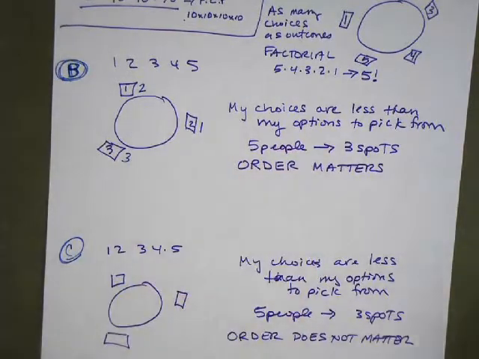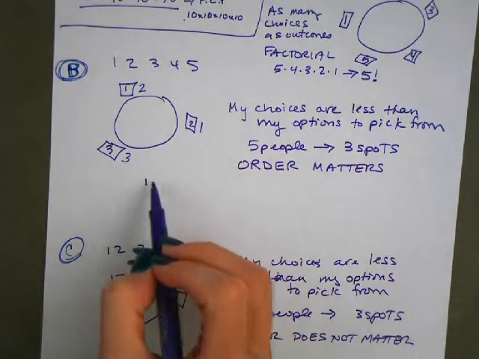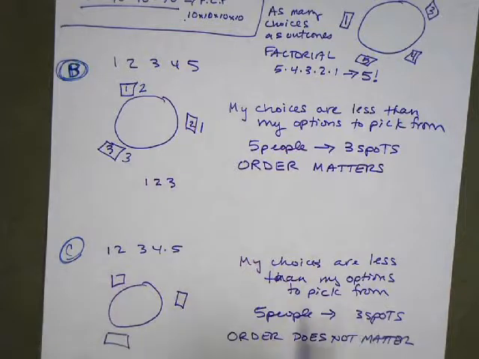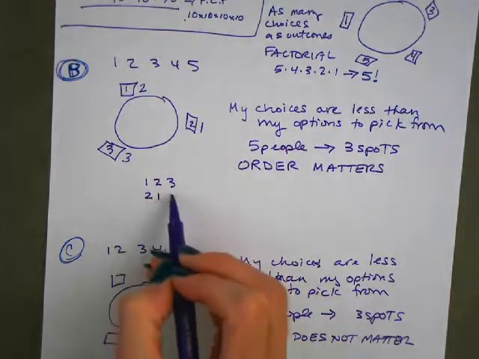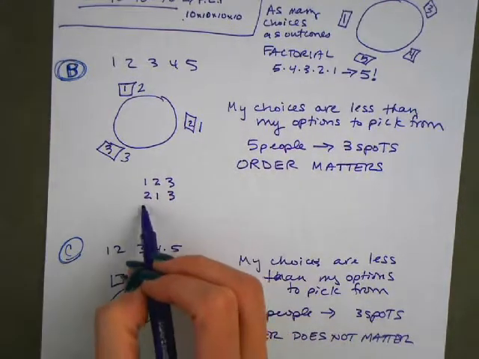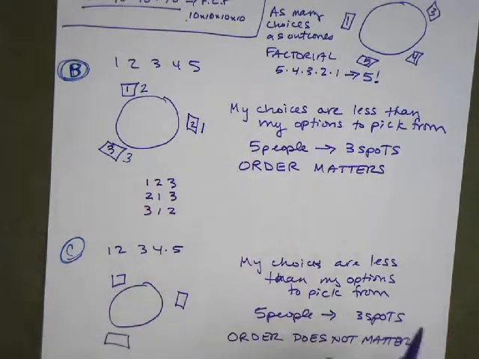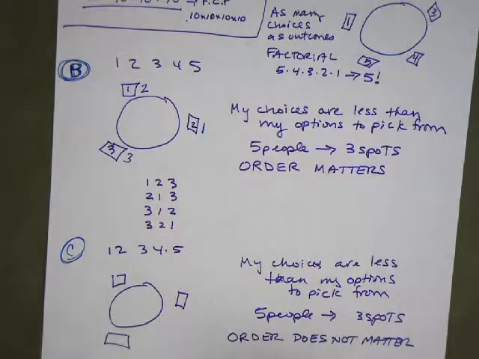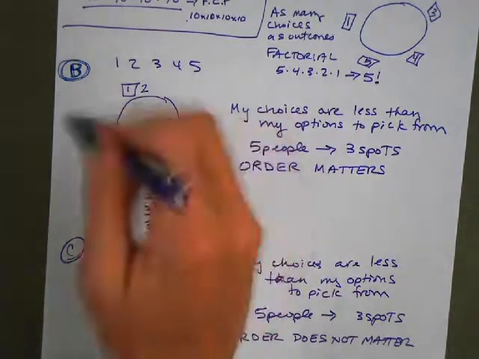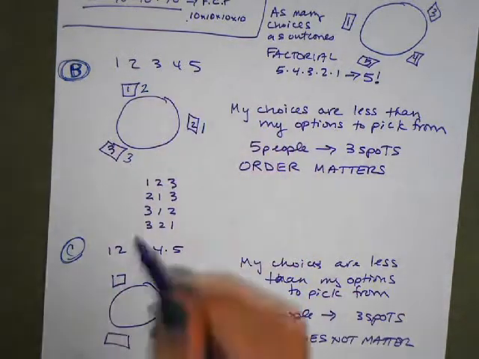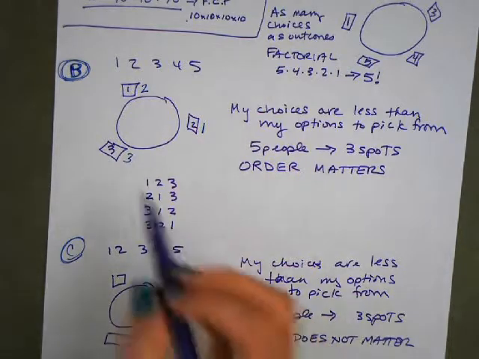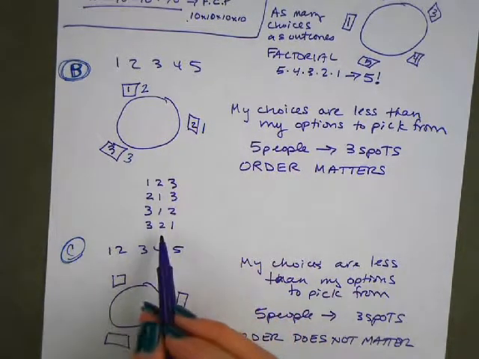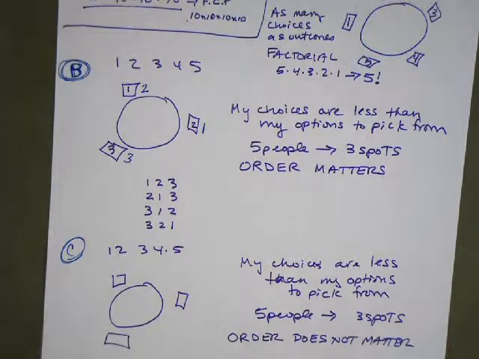That's a different solution set. So I could have 1, 2, 3. I could have 2, 1, 3. I could have 3, 1, 2. I could have 3, 2, 1, just with those 3 individuals. And how I arrange them is a different solution.